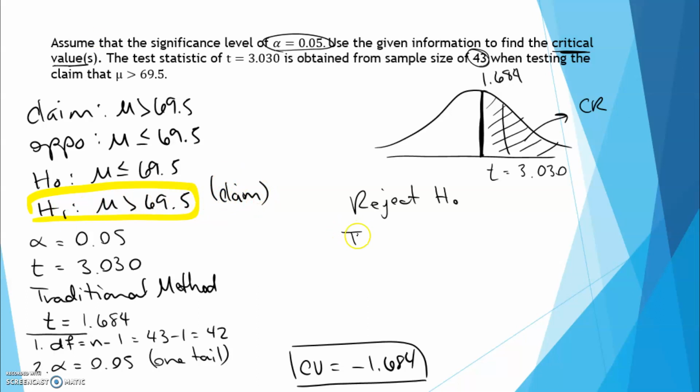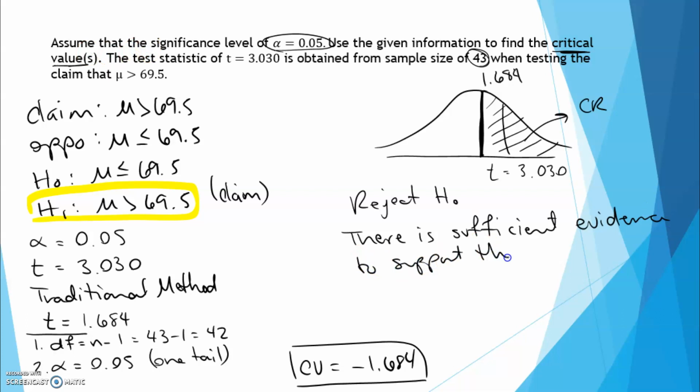So in this case, there is sufficient evidence to support the claim that mu is greater than 69.5. That's it for that one.